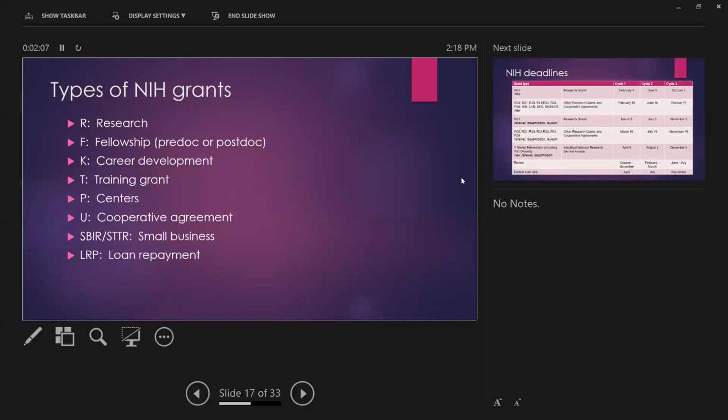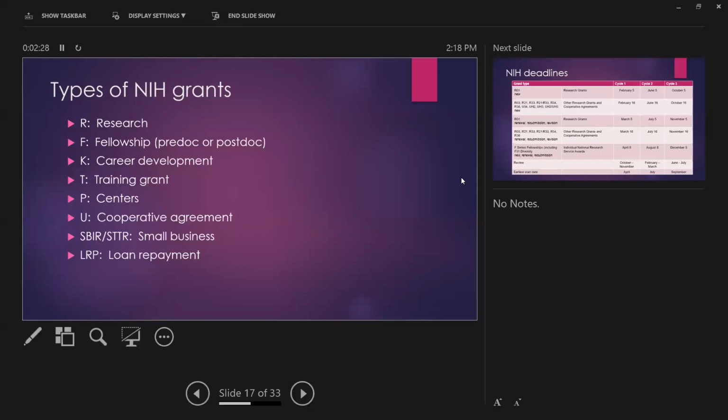And there are K01s, which are the new faculty ones. Then there are other Ks like K02s that are for more senior people. There are Ks for very senior people. There are K23s, which are for clinicians who are trying to get mentored research experience. So K is usually a mentored research grant for career development.